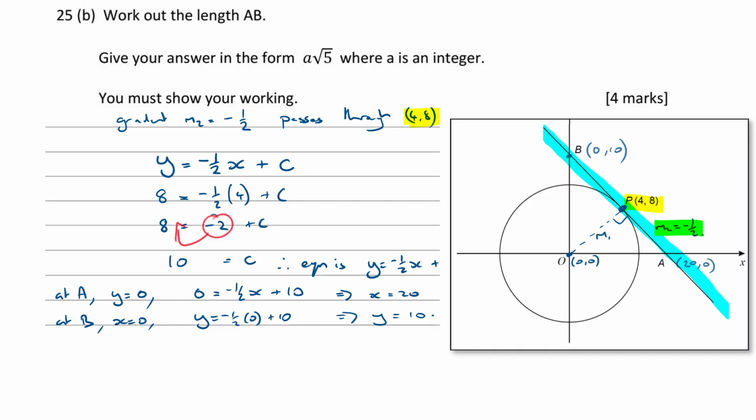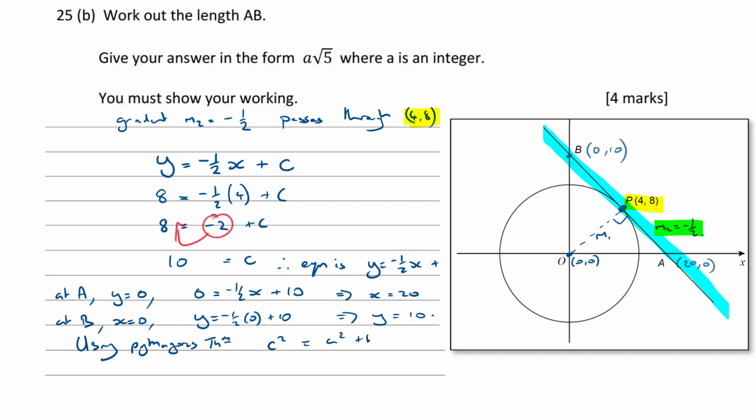Okay, so using Pythagoras theorem, c squared equals a squared plus b squared. We know that 10 squared plus 20 squared, all square rooted, is going to be c then, isn't it?